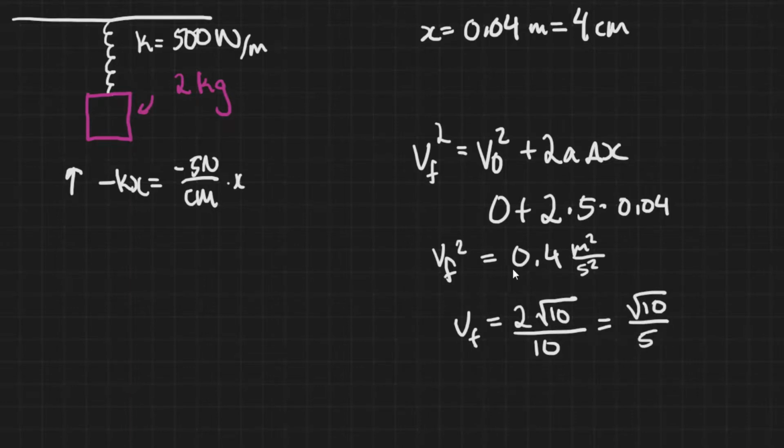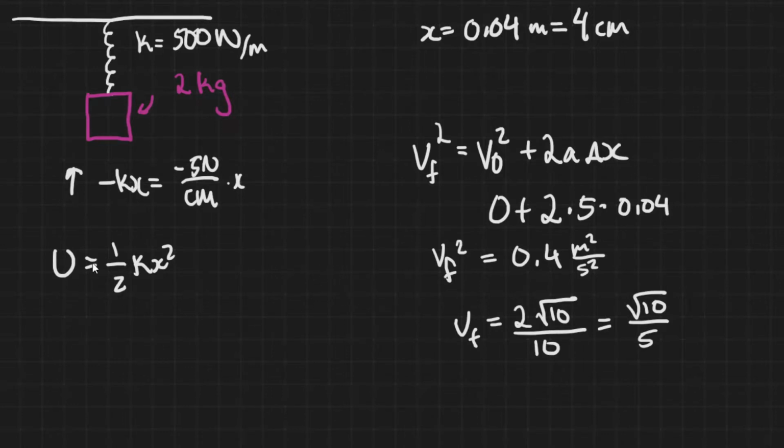Now that we have this final velocity, we can set up an equation with respect to potential and kinetic energies. For springs specifically, the potential energy at any point u is going to equal 1/2 kx squared. And the kinetic energy, we know, is 1/2 mv squared.